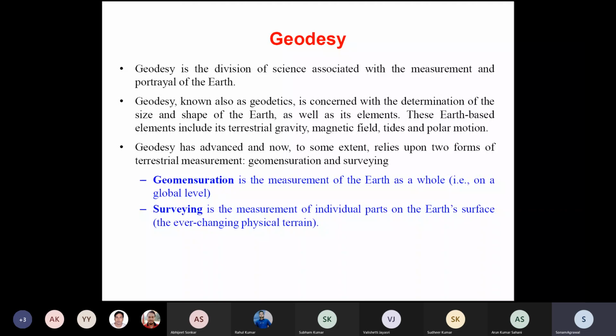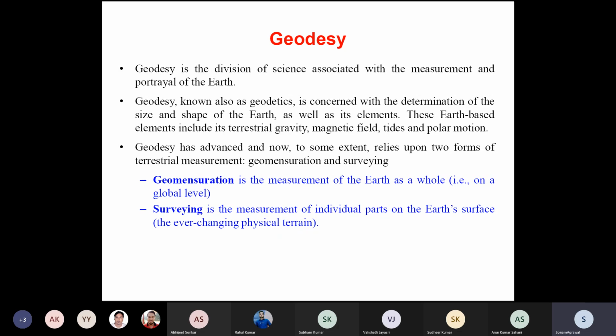Over time, people have tried to give the shape and size of the earth, and at that time this was a big task because they did not have any satellite system so that they could view the earth. But nowadays things have changed a lot. We have sophisticated satellite systems that can measure the complete earth and give us information about it. In GIS, why are we learning about geodesy?